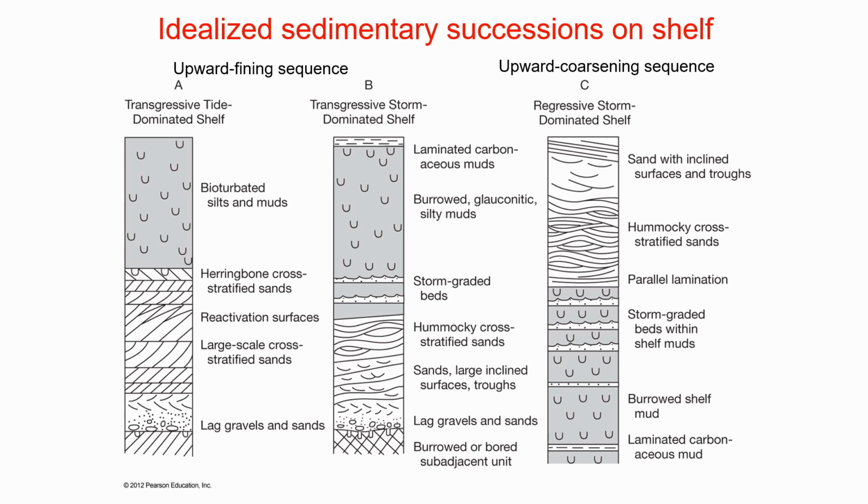So we see in the succession that the depositional environment transitions from offshore deposit into the shore face and the marginal marine deposit. Another thing I want to point out in this figure is that the idealized continental shelf deposit is dominated by tidal deposit and the storm deposit.